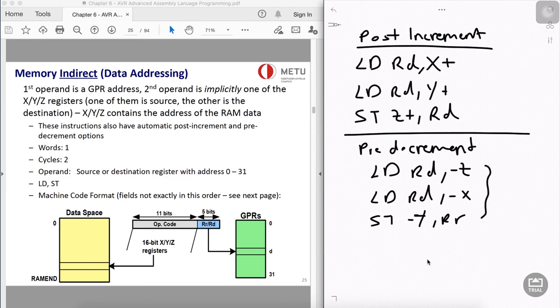Now, once again, why are we doing this? When we use the instruction increment ZL or YL or XL, this is not going to propagate the carry into the Z high or X high or Y high register. So in order to overcome this issue, AVR is giving us the option of auto increment and auto decrement for the pointer register.